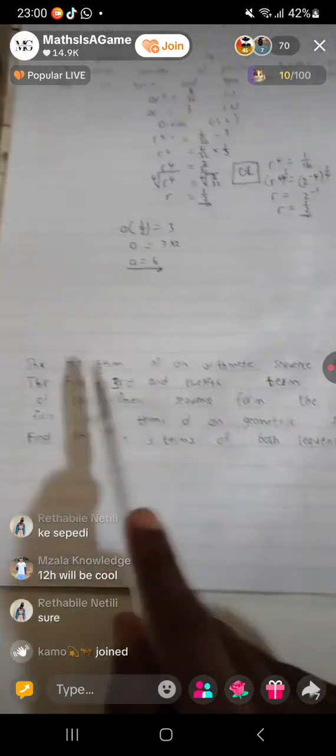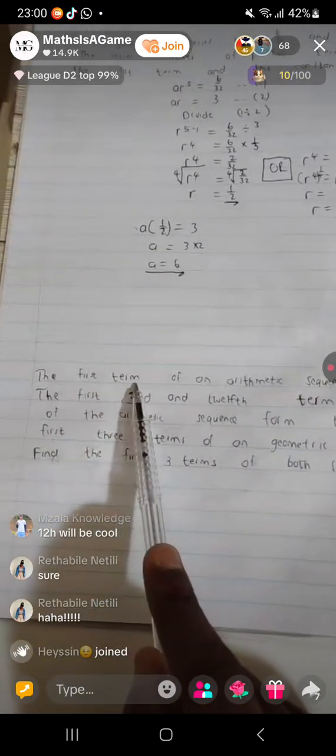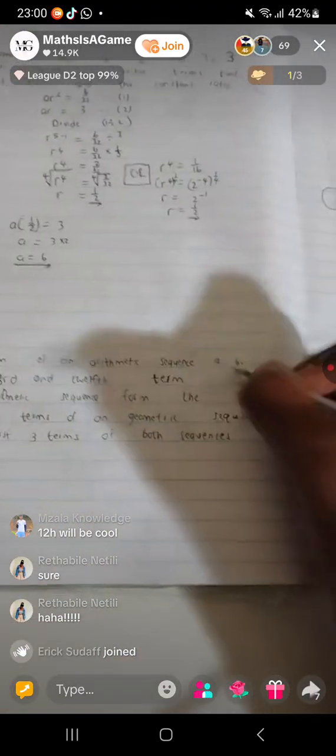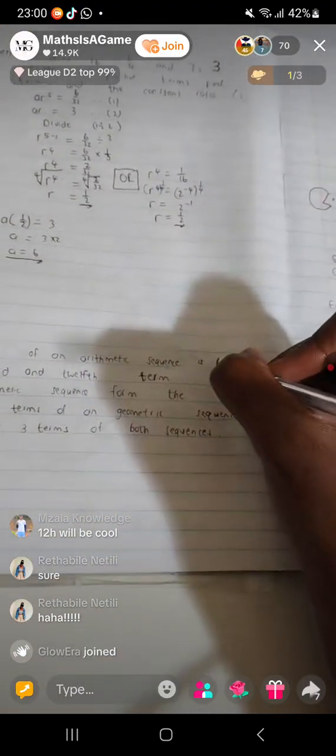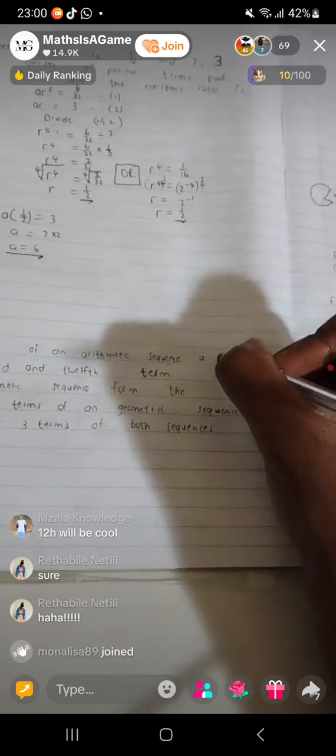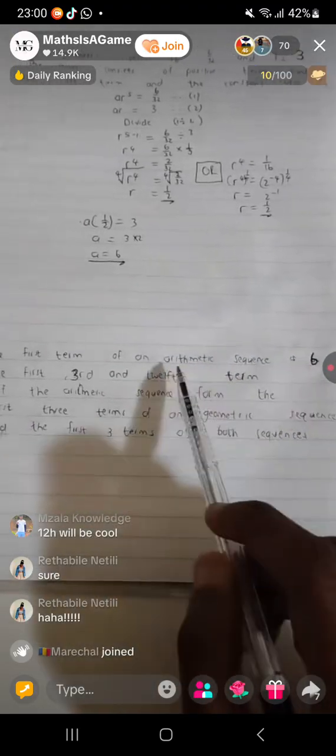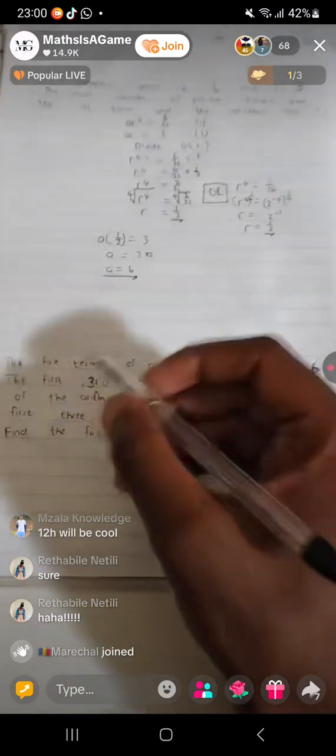Okay, look at this one. The first term of an arithmetic sequence is 6. Please take note, guys. The first term is 6 of a what? Of an arithmetic sequence.